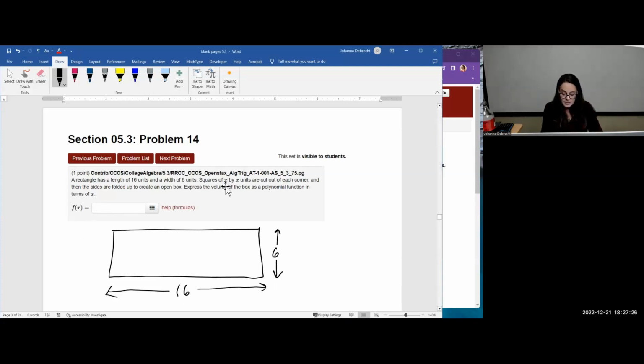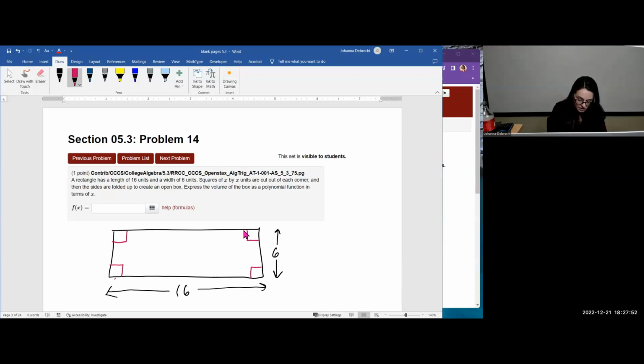Squares of x by x units. Okay, now they're squares, so they're x by x, are cut out of each corner. Okay, well then I'm going to do this in another color. So I've got a square, and they're cut out of each of the corners, and they're all the same size. They're all x by x.